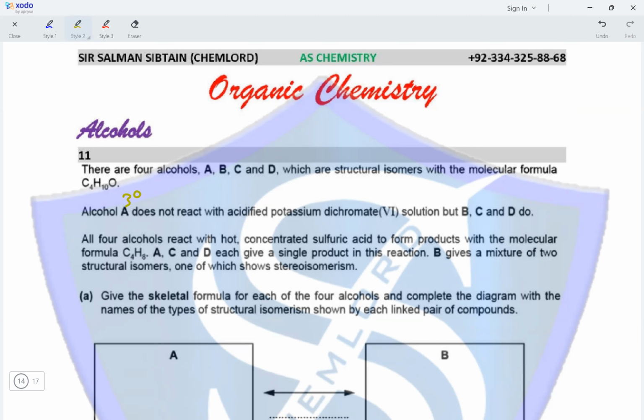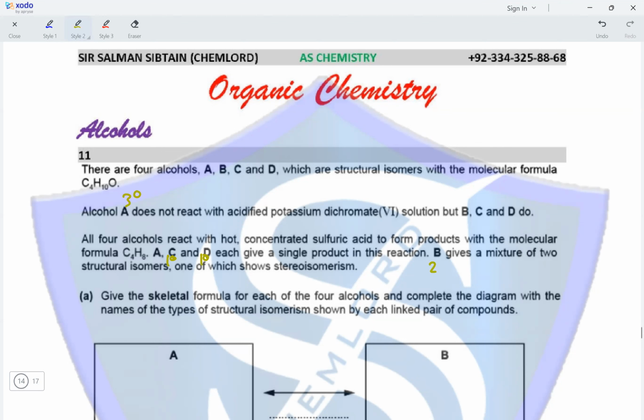A, C, and D each give a single product in this reaction. So C and D are primary alcohols because then only a single alkene would form. B gives a mixture of two structural isomers, one of which shows stereoisomerism.